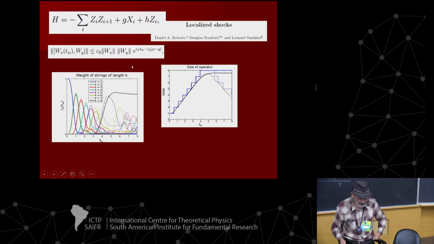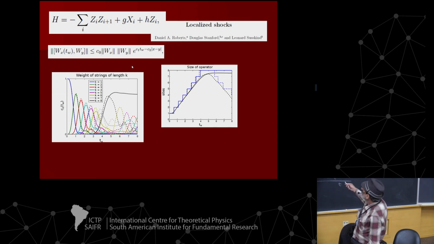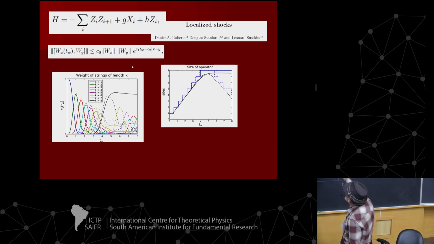among the people who started to do this calculation, for example, Susskind, Stanford, Roberts. They started to calculate spin systems. Here, this Ising term is a spin in an external magnetic field, and another projection of the spin.